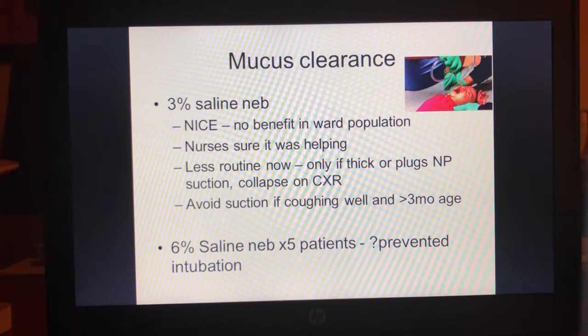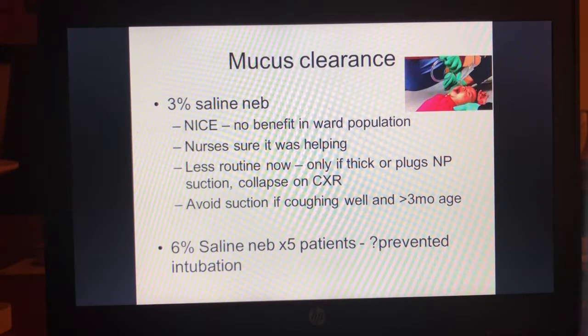So NICE had already said that there was no benefit of the use of hypertonic saline nebulization in routine use for the ward population, but colleagues in children's intensive care and certainly our own nurses felt that they were certainly helping in some of our patients.